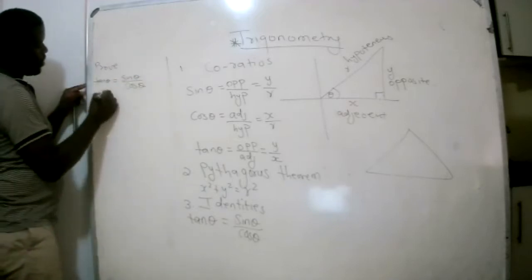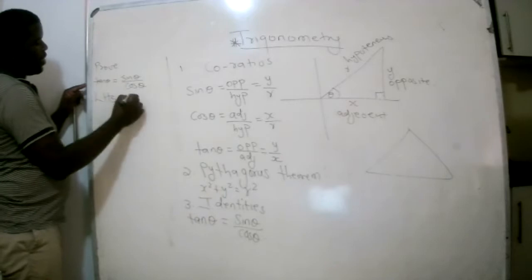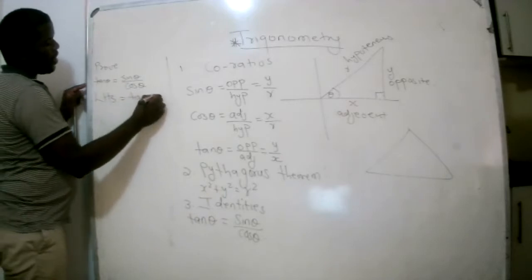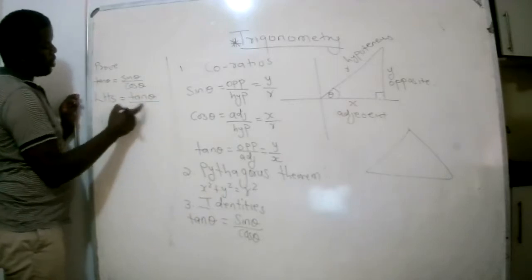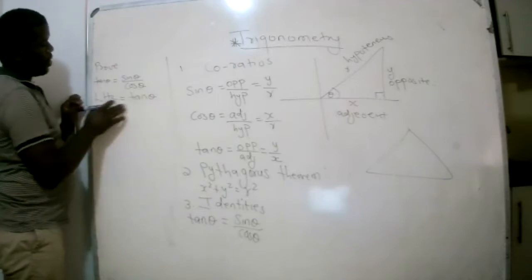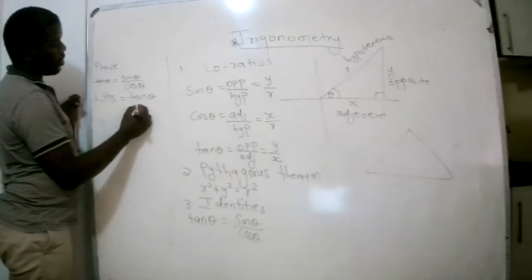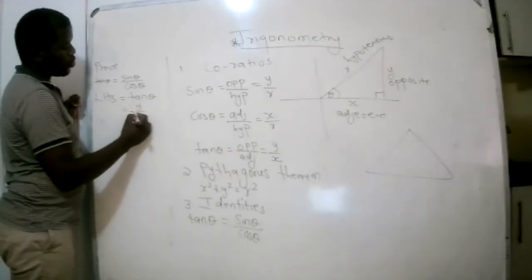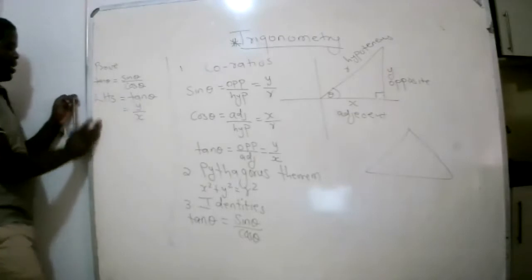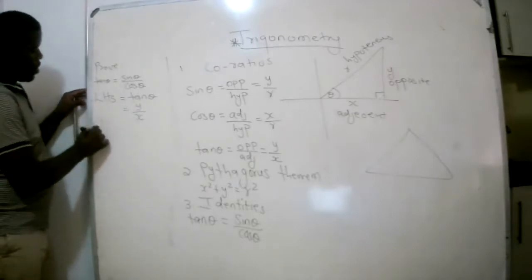We can start with the left-hand side. On the left-hand side, we are given tan theta, which from the trig ratios we know is equal to y over x. So that is on the left-hand side, right?